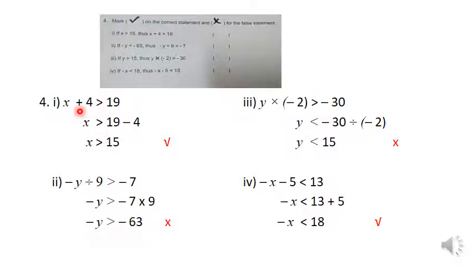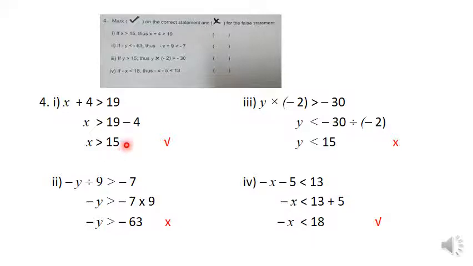But this positive 4, you move to the right side becomes minus 4. And then x, you bring down x. Greater than sign also same. But this one you find answer. 19 minus 4 is equal to 15.